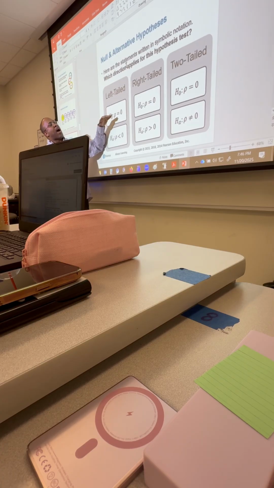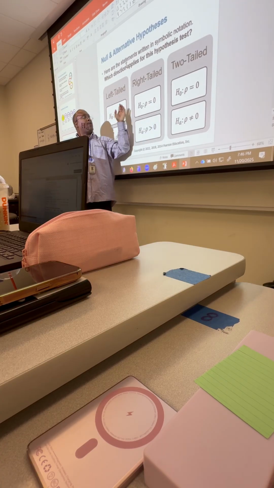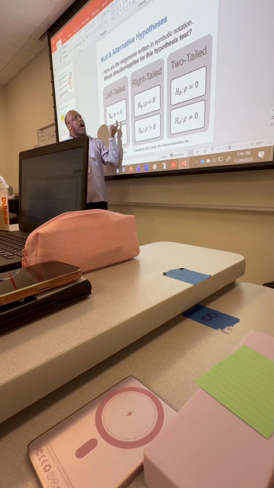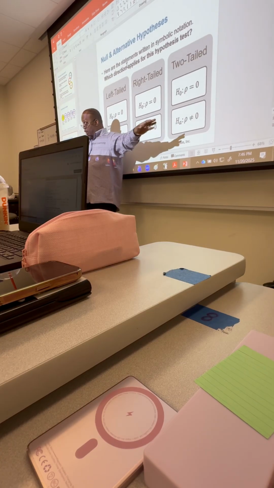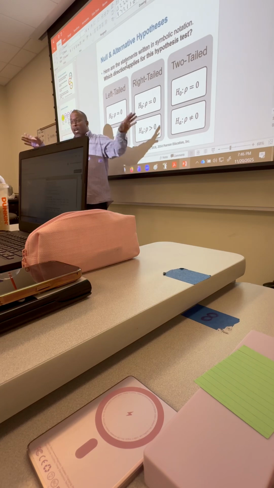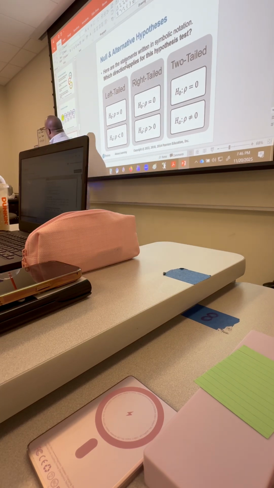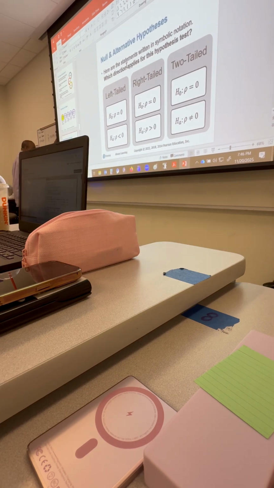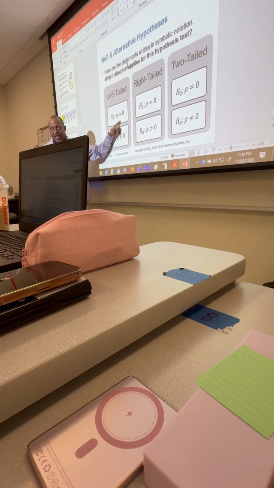So the null hypothesis for both, regardless if you do left tail, right tail, or two tail, says there ain't no relationship. So right now, under the null hypothesis, before we even do the hypothesis test, even though we've established a model and a potential correlation, we must still assume this until we do the hypothesis test.